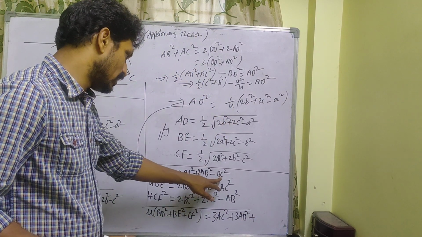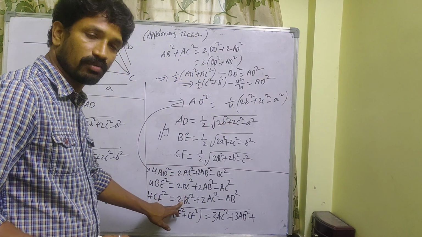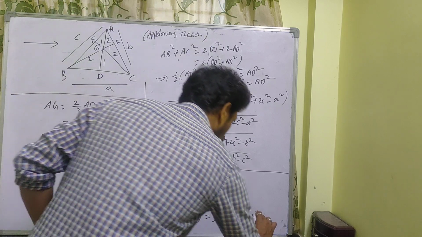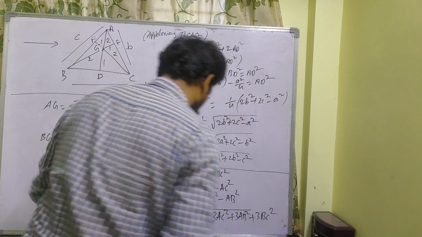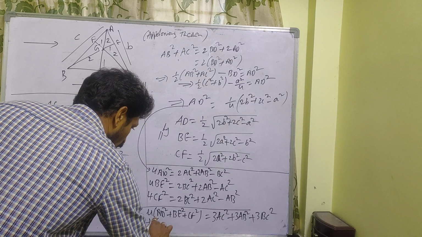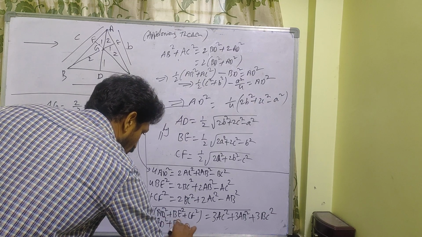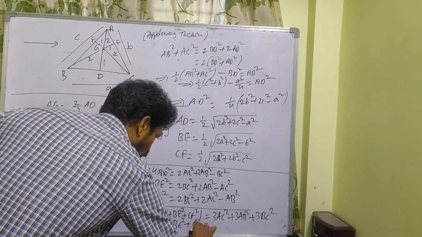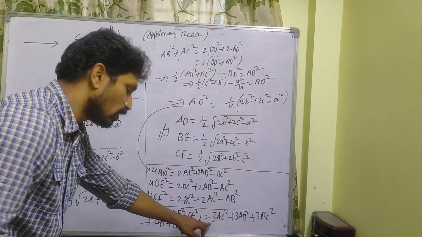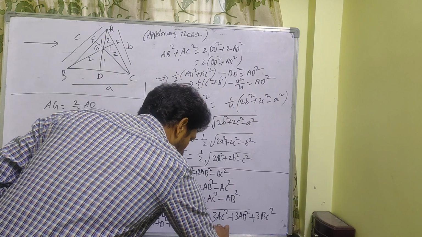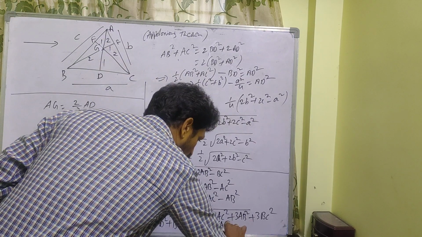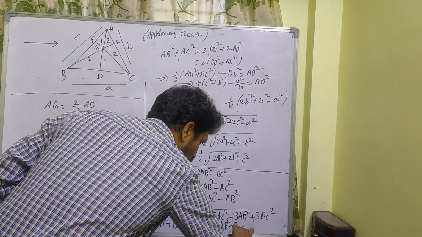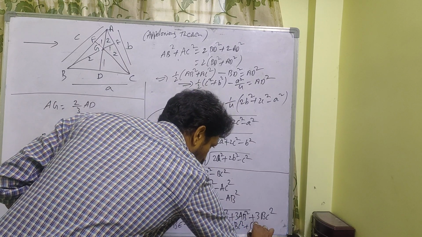Next one is what here? 2BC square plus 2BC square, 4BC square minus BC square, that is 3BC square. So what can you conclude here? AD square plus BE square plus CF square is equal to 3 by 4 of, write in order, AB square plus BC square plus CA square.